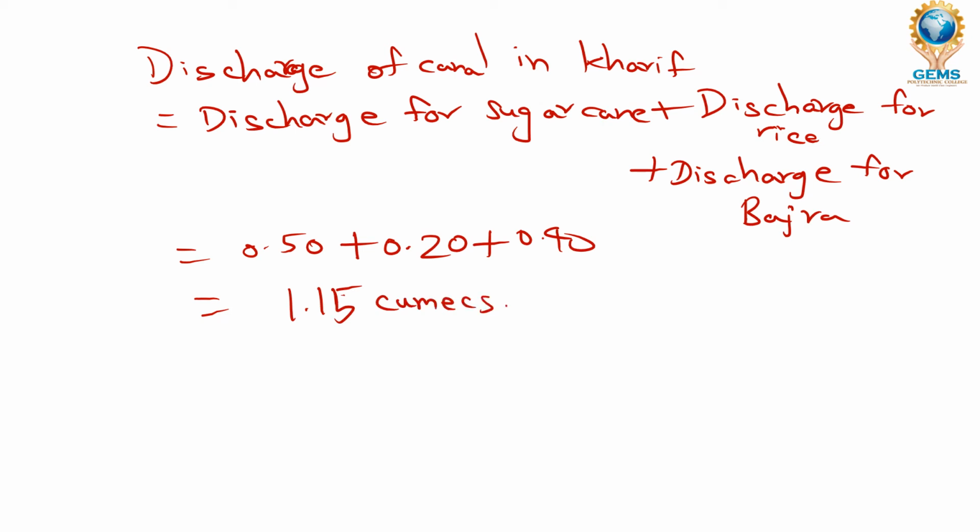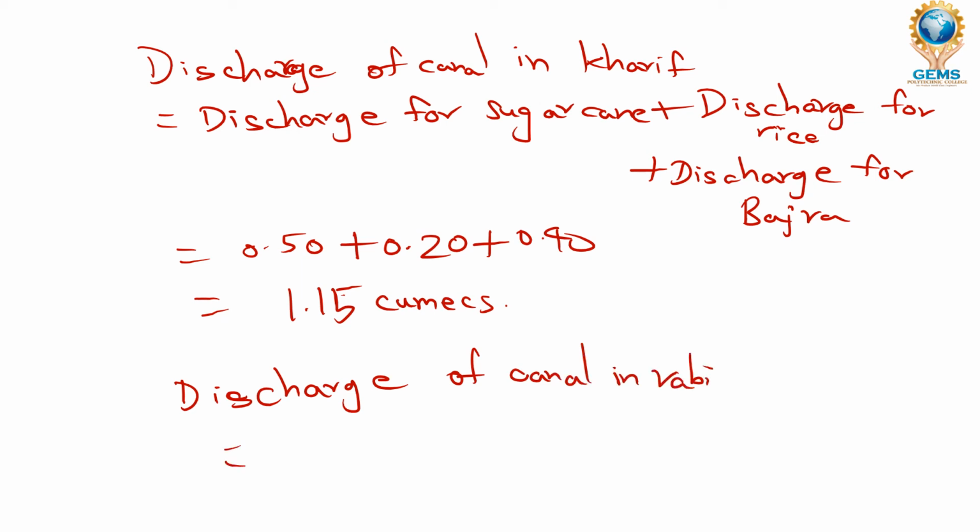In a similar way you are going to find it for rabi, which is the discharge of canal in rabi season, which is discharge for sugarcane. You should understand which crop is going to grow in which season.